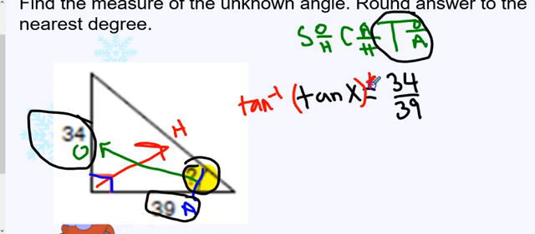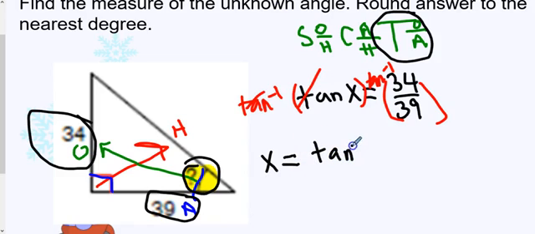Same thing over here. So those will cancel, and X is equal to tangent inverse of 34 over 39. Again, I think this is the better way to type it in because you'll get your answer every time versus having to zoom in.